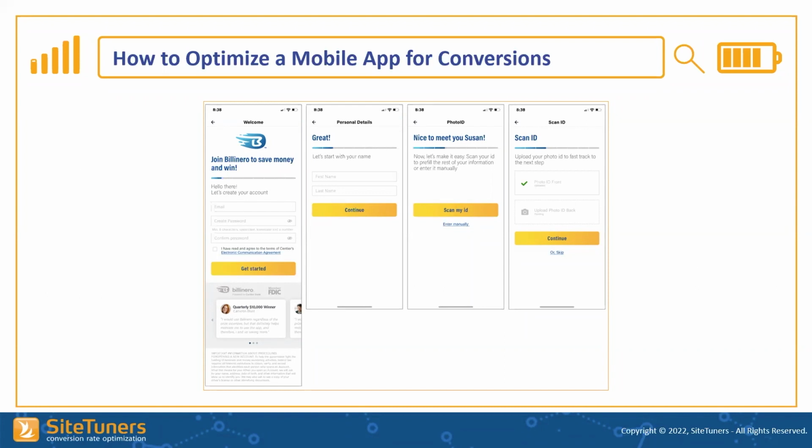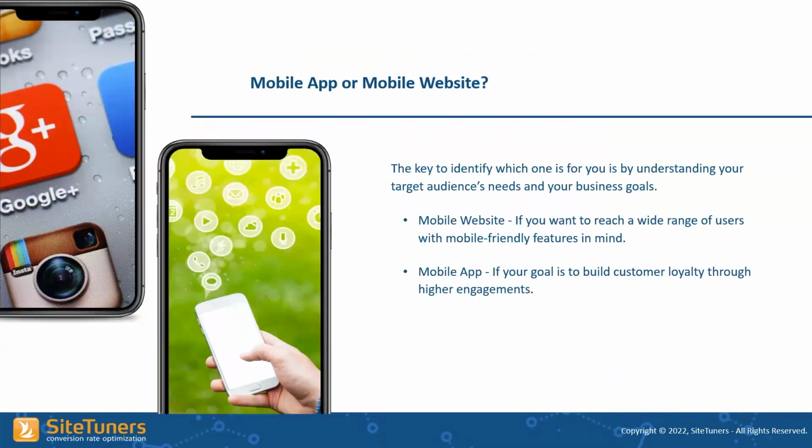All right. Now, the key here, and I go back to the very beginning of this presentation, is to truly understand who's coming to your website and who your audience is. Is your audience people who really don't have access to a desktop or a laptop?